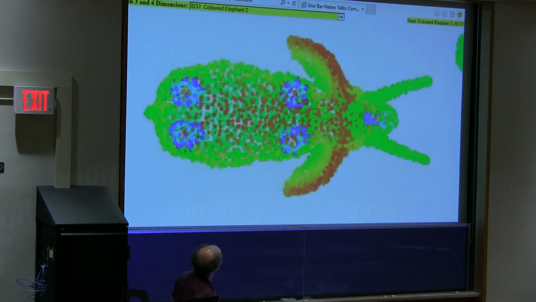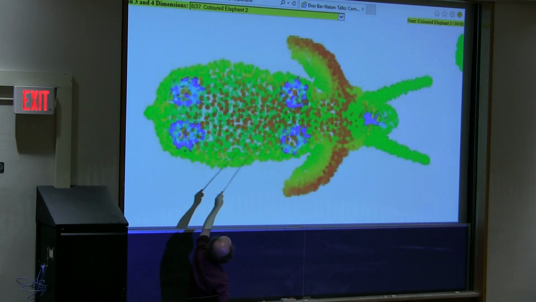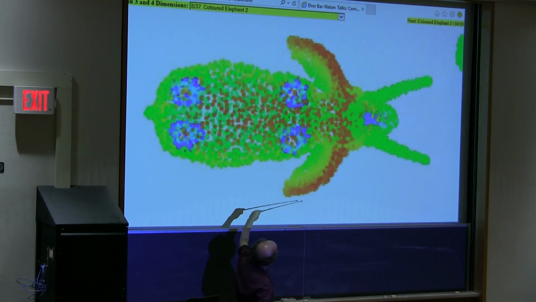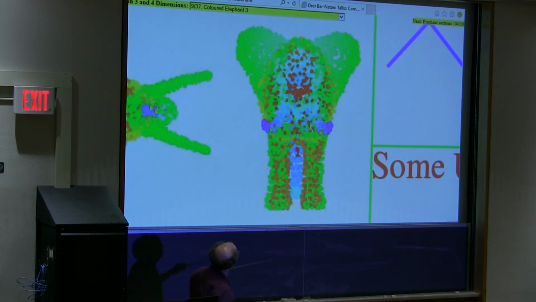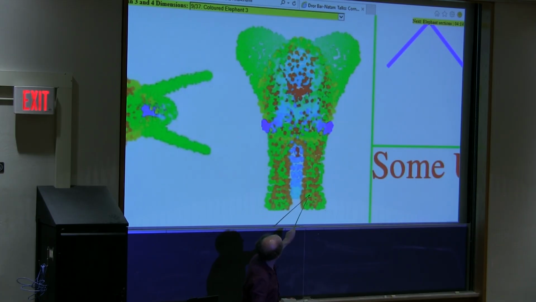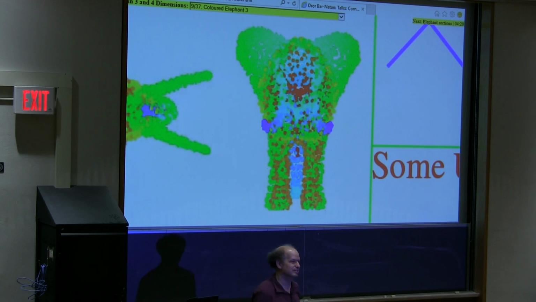And I could tell more by looking from the top. From the top, before, I couldn't tell anything. Now I can tell that this elephant has 4 legs, and that the tips of the ears are really high up, and maybe a few more things. And likewise from here, I can tell that it has 4 legs, because, well, 1, 2, but in fact each one has 2 colors, so this is really made out of, depth-wise, 2 distinct things.